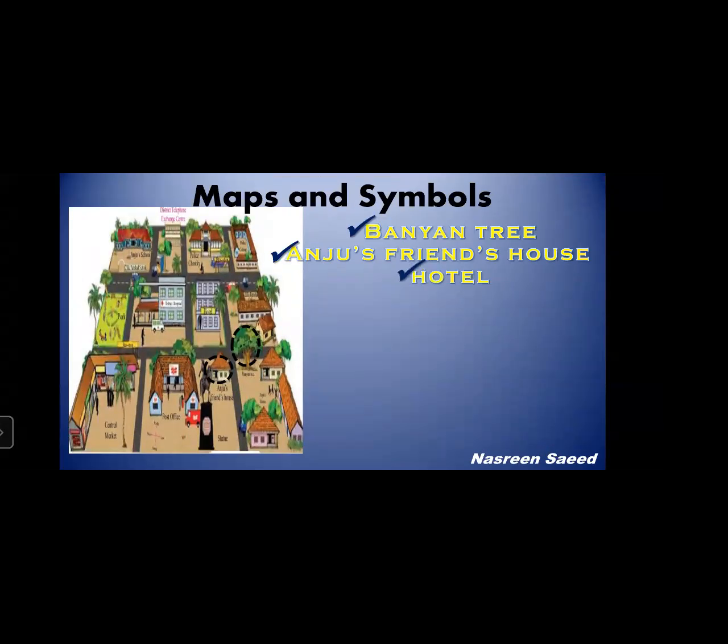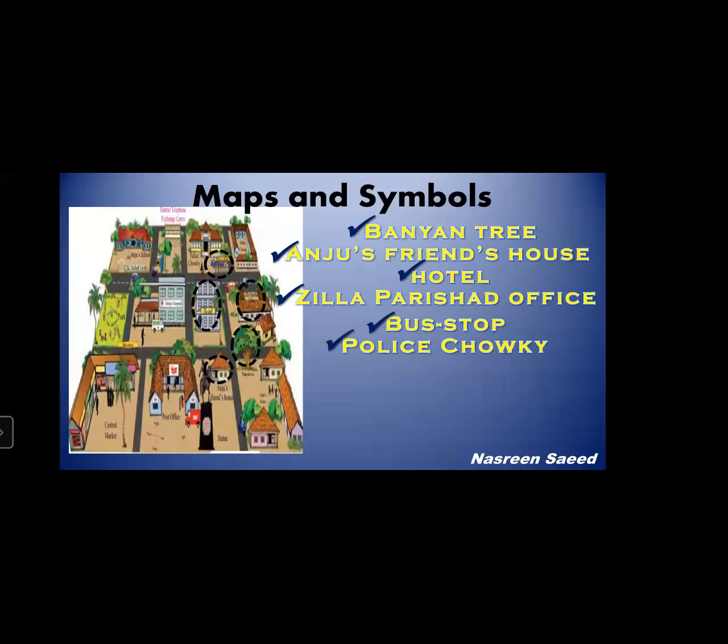office. Then when she moves ahead, she has to turn. When she turns, she sees a bus stop. Can you see the circle? A bus stop. Then the next she sees is a police chowki. Then next she sees the district hospital.